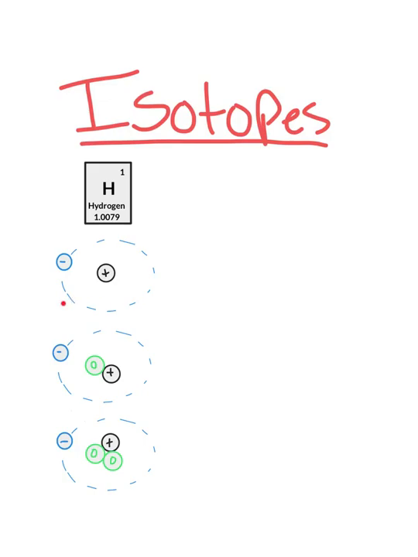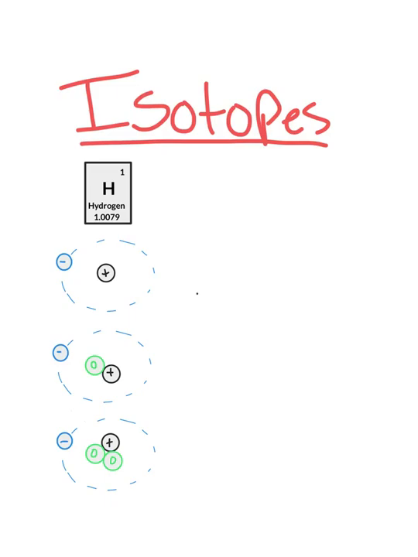The second atom has one neutron in its nucleus, and the third one has 2 neutrons. These are isotopes of each other. They're the same atoms, with the same number of protons and electrons, but a different number of neutrons. The way we distinguish these atoms from each other is by their mass.